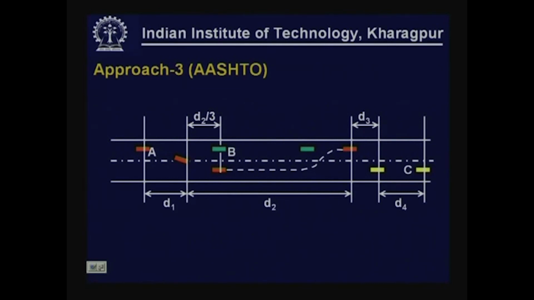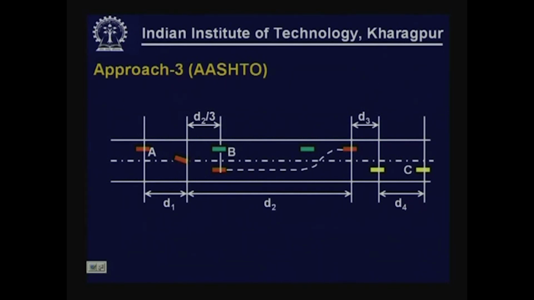D2 is the distance travelled while the overtaking vehicle is actually overtaking vehicle B, encroaching or staying in the opposing lane, and then coming back to its original position. So, that is distance D2.